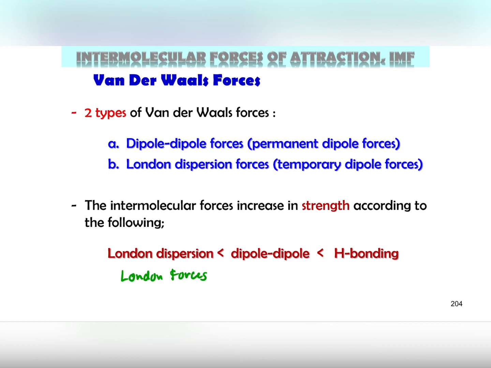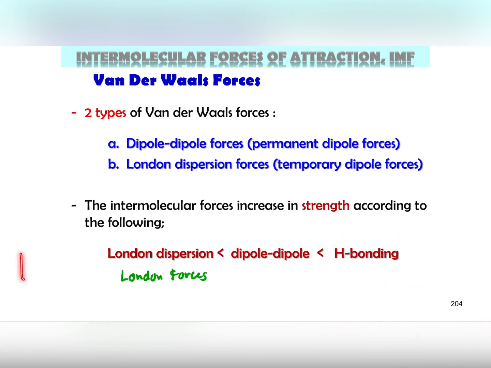Miss dah kenalkan dekat kamu apa itu IMF, and I explained to you in detail setiap jenis intermolecular forces. As a recap, kita tengok balik. The weakest is London forces, followed by dipole-dipole forces, and the strongest IMF adalah hydrogen bond.